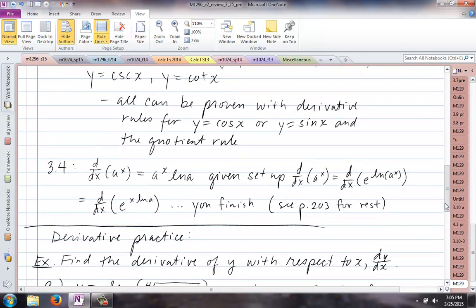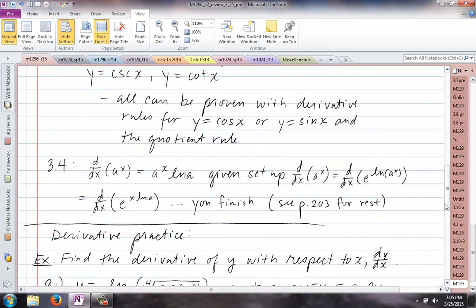3.4, we did a little derivation of the derivative rule for exponents when you have a to the x, an exponential function. And this one I would give you a little bit of help again because there's a tricky initial step where we write a to the x as e to the ln of a to the x.